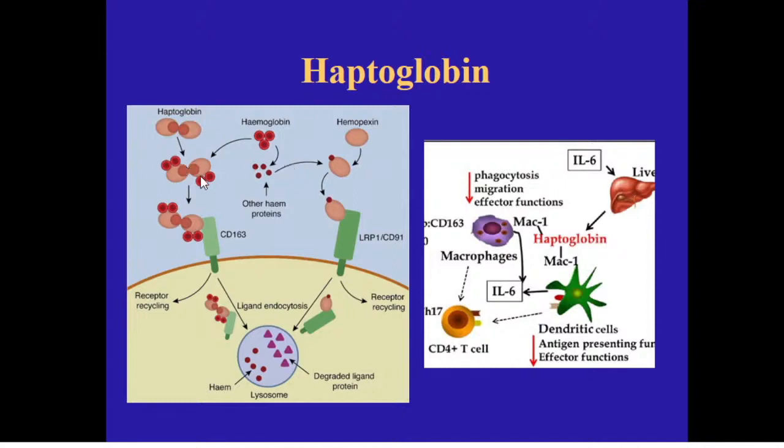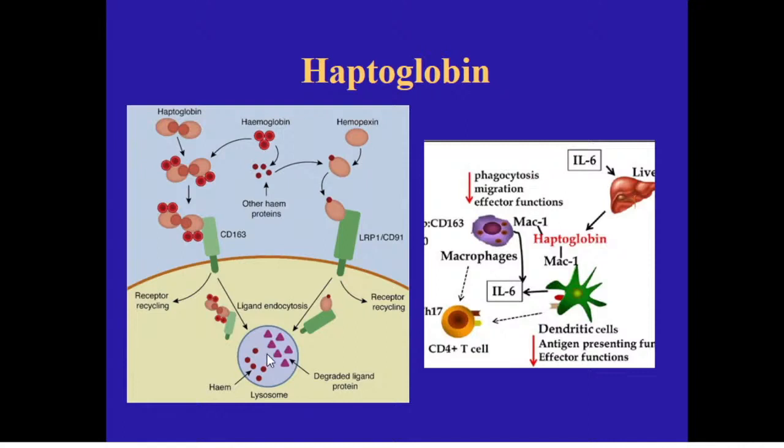So haptoglobin can interact with hemoglobin that is coming from the hemolyzed erythrocytes in the lumen of blood vessels. And after this it interacts with the receptors on the surface of reticular endothelial cells and can be taken inside of the cell, where the protein part will be taken for degradation and conversion to free amino acids, and heme will be taken separately.